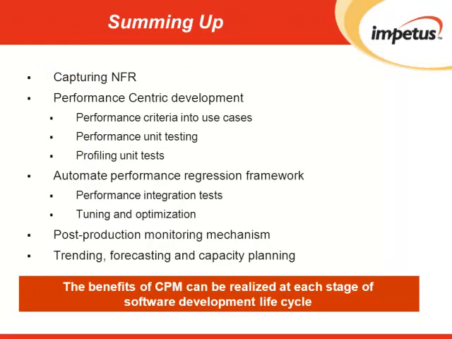So let's go over what we've covered in today's session. The majority of enterprise applications fail to meet their production performance requirements. A real change is needed across the development, testing, and deployment operations within organizations to resolve these failures.